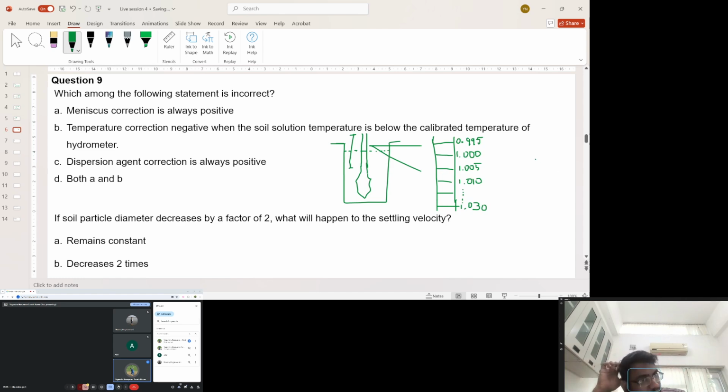what happens is that, when we enlarge the column here, so you are inserting it, right? Consider there is a demarcation here and a demarcation here. Let it be 1.000 and the next demarcation 1.005. When you place the hydrometer inside the solution, due to the surface tension, a meniscus is formed.